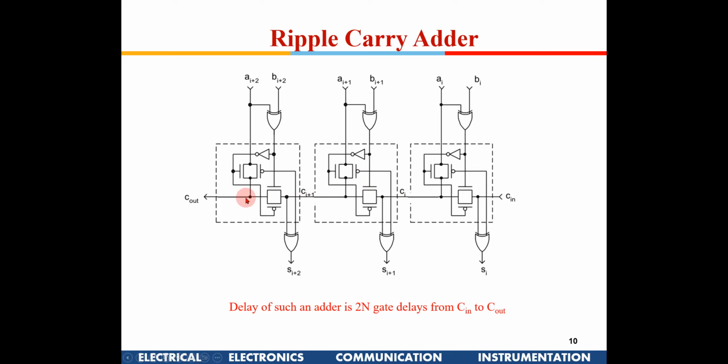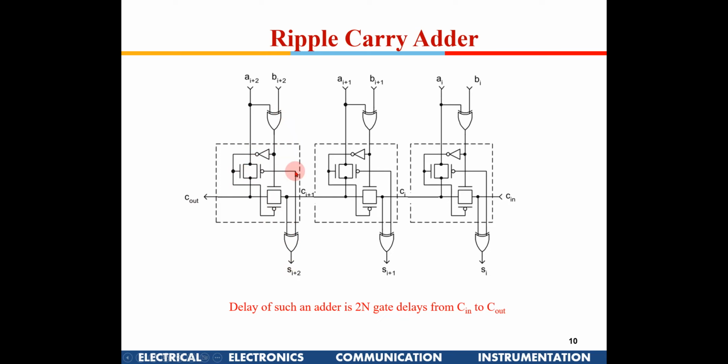So the carry is rippling from one stage to other. So if I have n stages, then the delay will be 2 into n for this carry to come out. So carry is 2 gate delays, sum is also 2 gate delays.